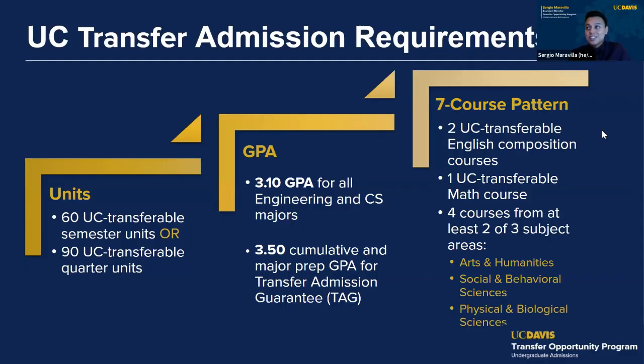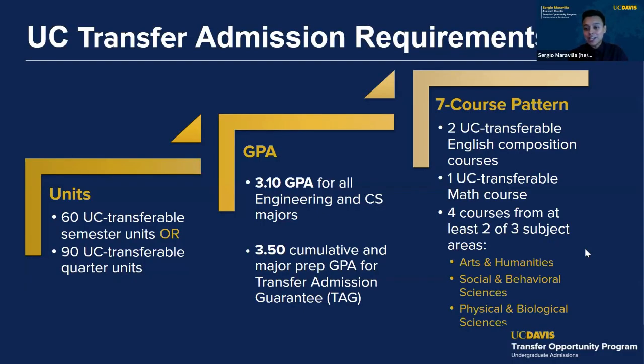The 7-course pattern includes 2 English composition courses, 1 math class, and then 4 general education courses in at least 2 out of 3 of the following subject areas. Those subject areas include arts and humanities, social and behavioral sciences, and lastly, physical and biological sciences.